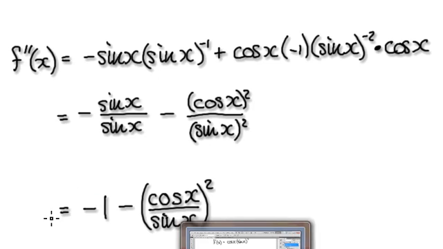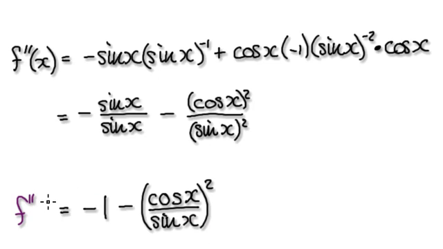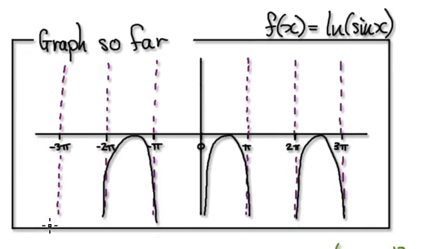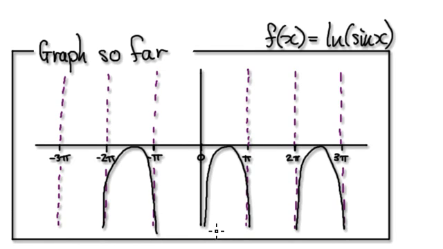Overall we can say that f double prime will always be less than 0. So if f double prime is always less than 0, then it's always going to be concave down. F double prime is less than 0, meaning it will always be concave down.